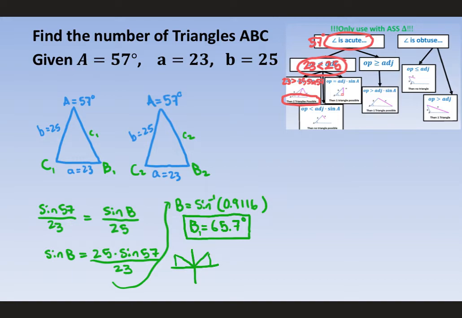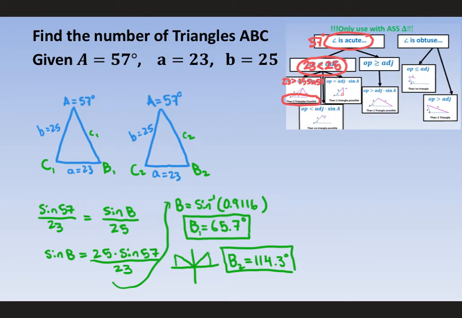We do 180 minus that 65.7 degrees, and we get our other angle, big B2, to be 114.3 degrees.